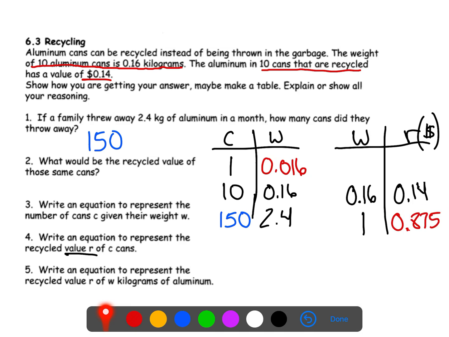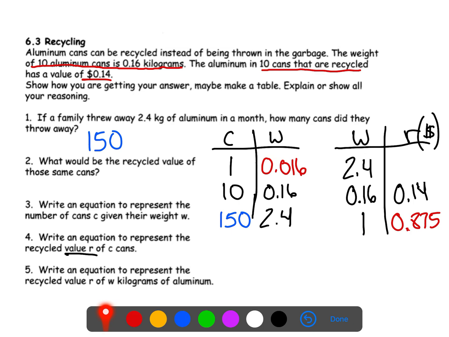So let's look back at the question. What was the recycled value of these cans? So we had 150 cans weighing 2.4 kilograms. Let's add that to our table. I've got some room above here, so I'm going to put 2.4, because remember this column here on the left is representing weight.